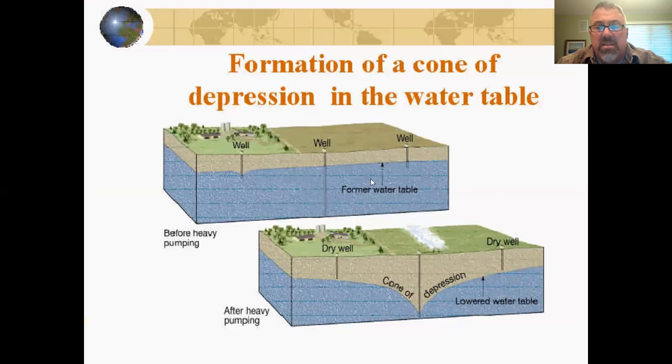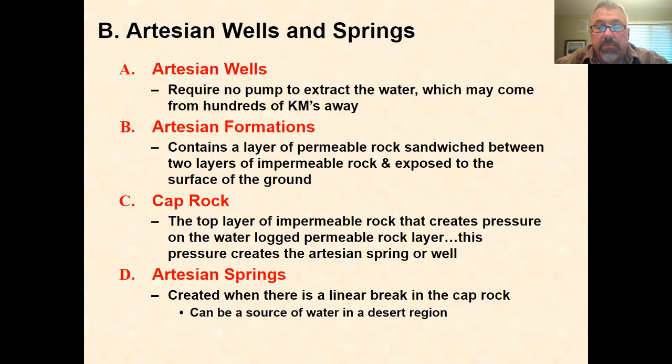If this, say this is an irrigation system, is pulling more water than the other two, and it pulls to where the cone of depression is below the bottom of their well, you'll run those people dry. They won't have any water. In other words, it's like having your straw halfway up in the glass and not being able to get any milkshake out. So the reality is it's very easy to run people out of water if the cone of depression goes below the bottom of their well.